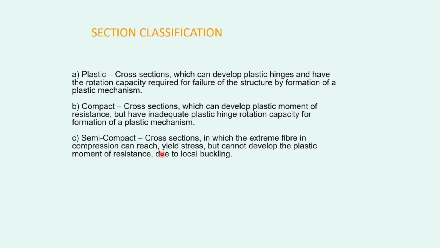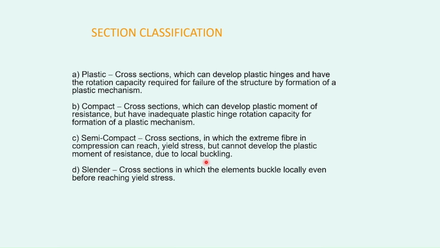It will just reach the yield stress, and it will be unable to reach the plastic moment of resistance, and it will yield due to local buckling. And the fourth one is a slender section. This section will not even reach the yield stress. So as per the code, these sections are prohibited for practical use.